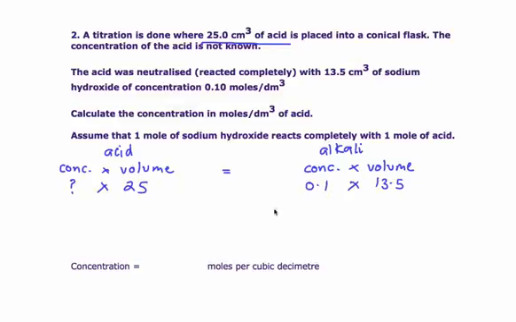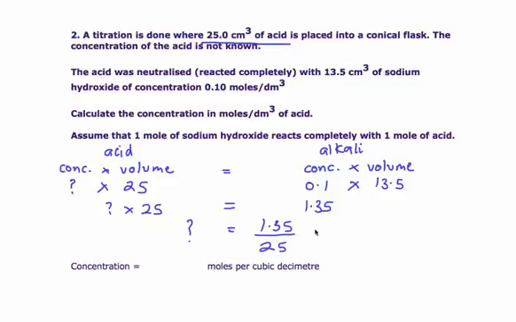So again, if we do our calculation, we have 0.1 times 13.5, which will give us 1.35 over here. So this is our next line, and rearranging as we did before, we would have 1.35 divided by 25.